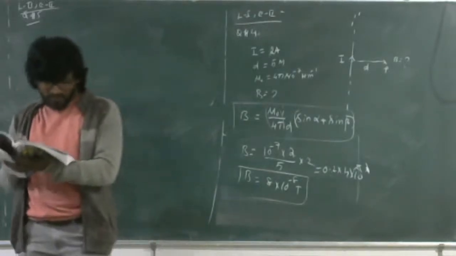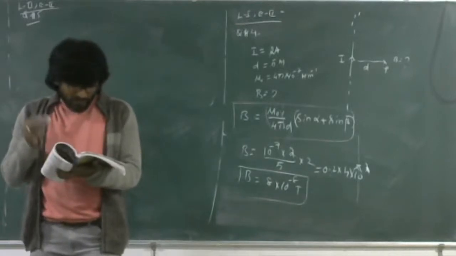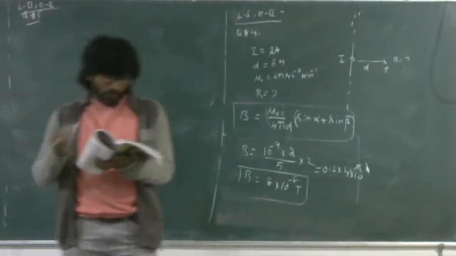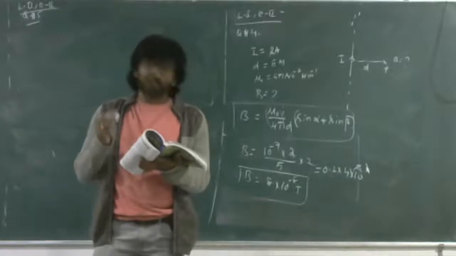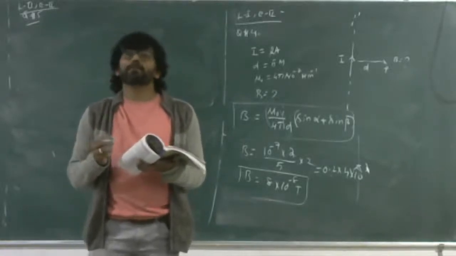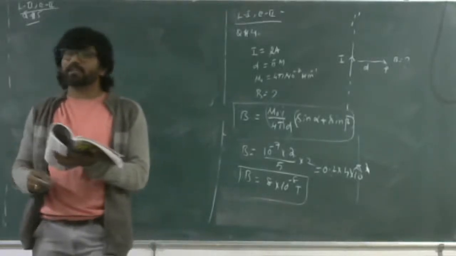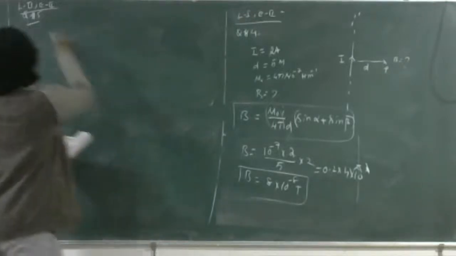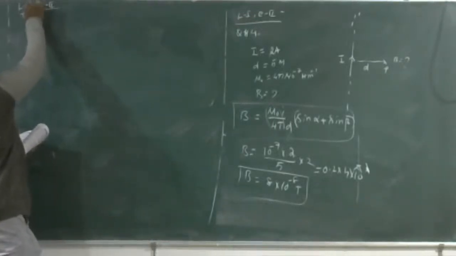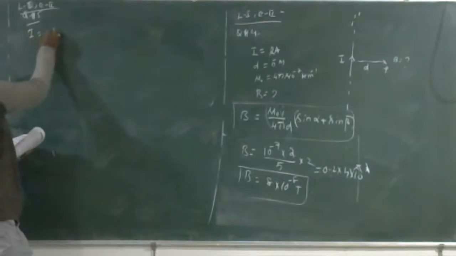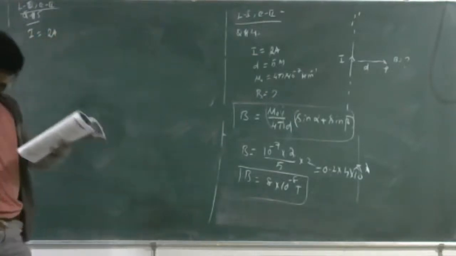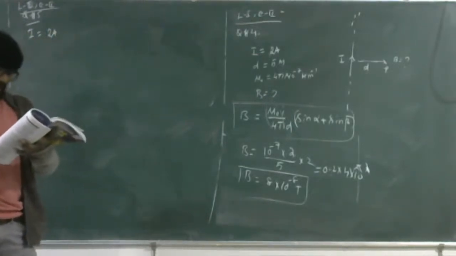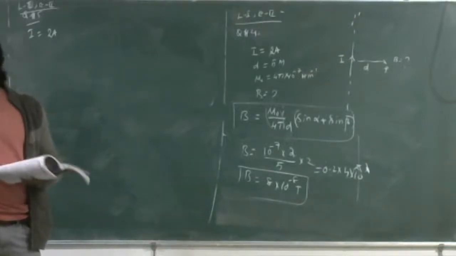Note down the data. It is given that a current of 2 ampere. Write down, I is equal to 2 ampere. Question number 5. The current I is equal to 2 ampere is flowing through a circular coil of radius 10 centimeter.